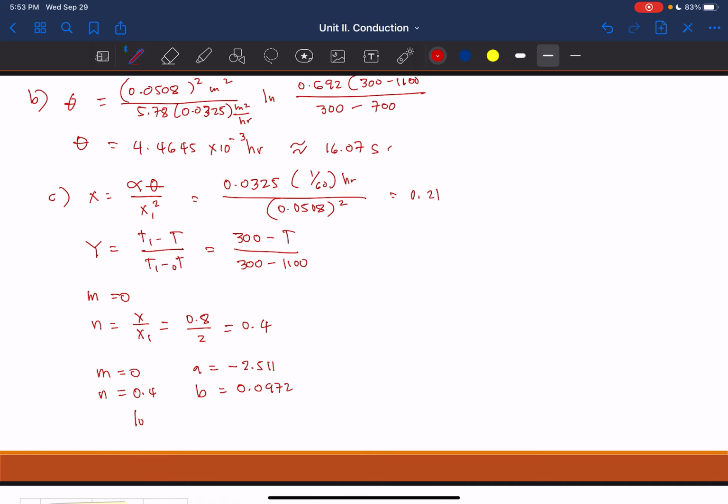Using the formula, log to the base 10 of y is equal to ax plus b, you get the value of your y to be 10 raised to negative 2.511, that's your A, times the x of 0.21, plus B, 0.0972.